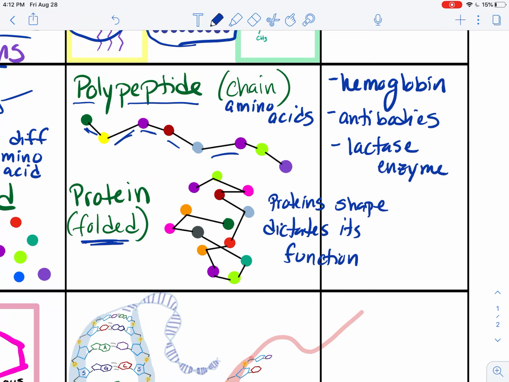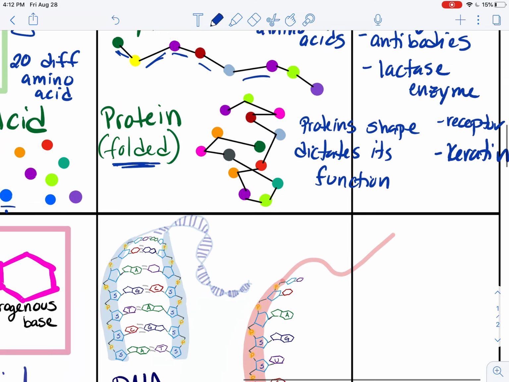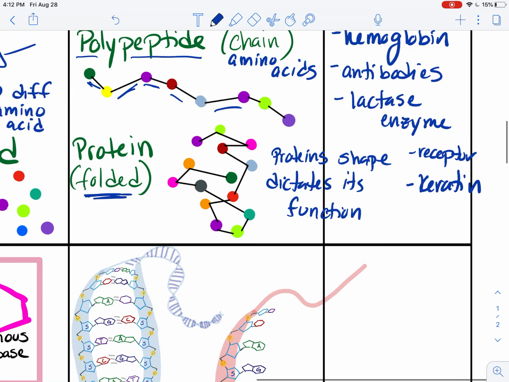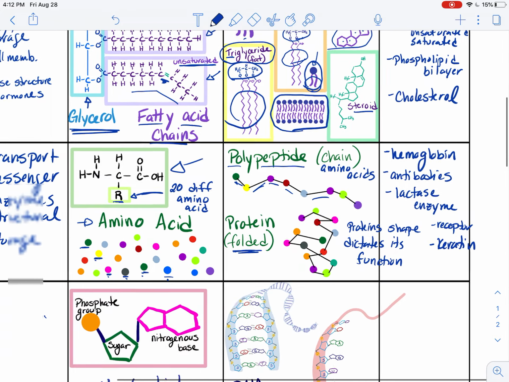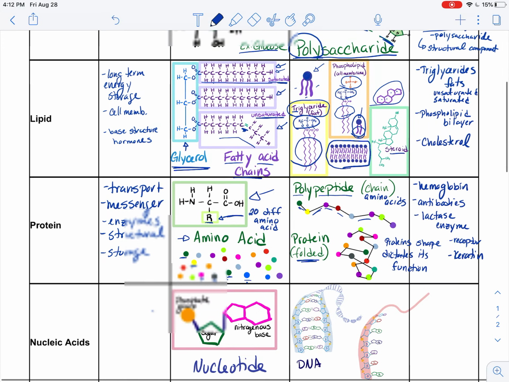So that's an enzyme, and its job is to break down lactose, and we'll talk again more about that, I think, later this week. We've got special receptor proteins that are on the outside of cells. We've got structural proteins like keratin, so that's an example. Keratin is in your hair and your nails and gives structure to those. So that's a little bit about proteins and their shape and structure and their building blocks.